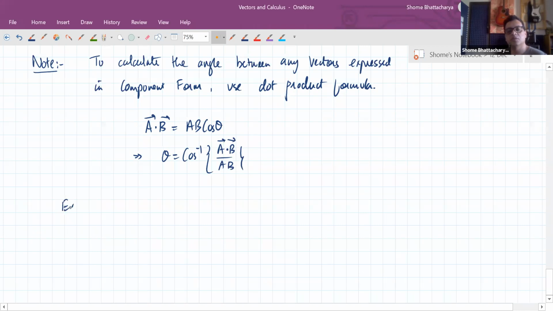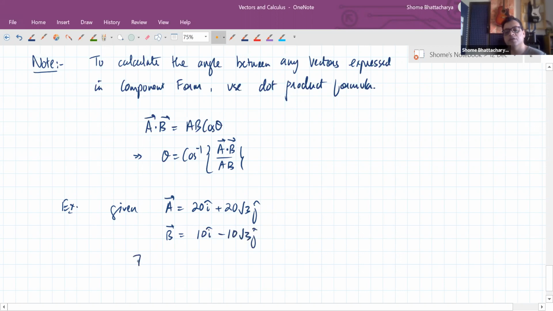So for example, given one vector, which is let's say 20 I cap plus 20 root 3 J cap, another vector which is let's say 10 I cap minus 10 root 3 J cap.